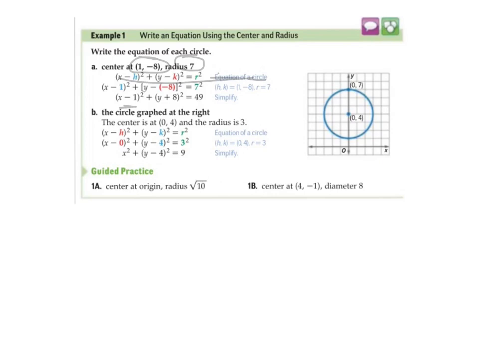Your y was -8. Well, if you put that as y minus -8 it becomes y plus 8, and 7 squared is 49. And that's as far as you need to go. Okay, so it's in standard form now. Keep your x's and y's separate, and then all you need to do is square whatever your radius is, which makes 49.